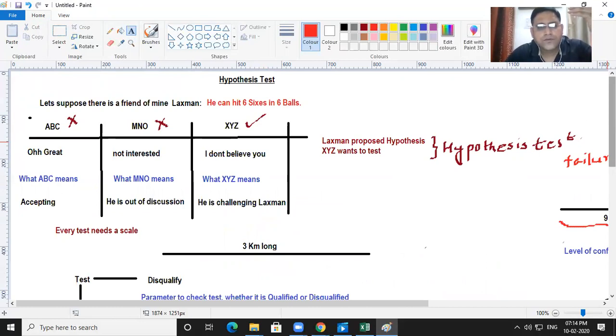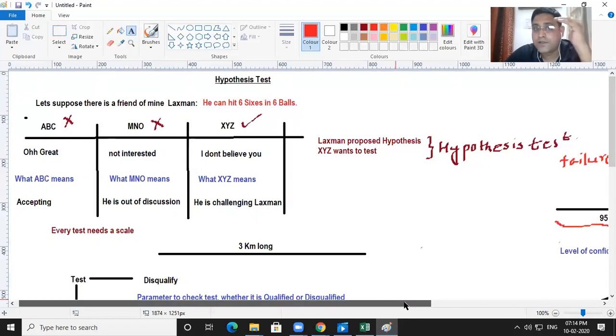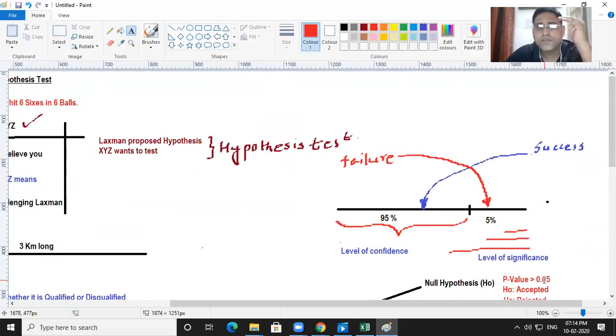If you can hit 4 sixes in 6 balls, I'm ready to accept that you are capable. I'm agreed with you. So I set that parameter, 4 sixes. That 4 is the benchmark I set, that is my p-value, and that p-value is 0.05.